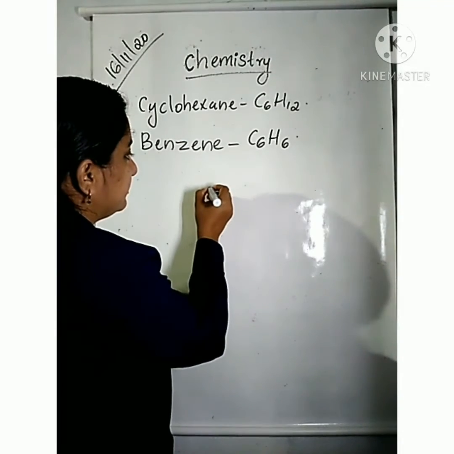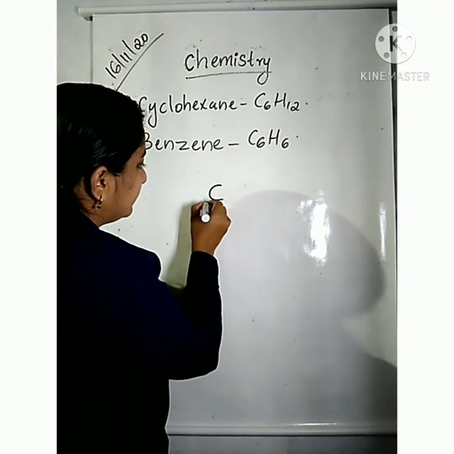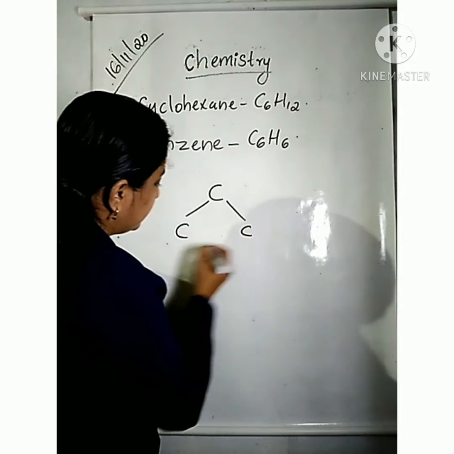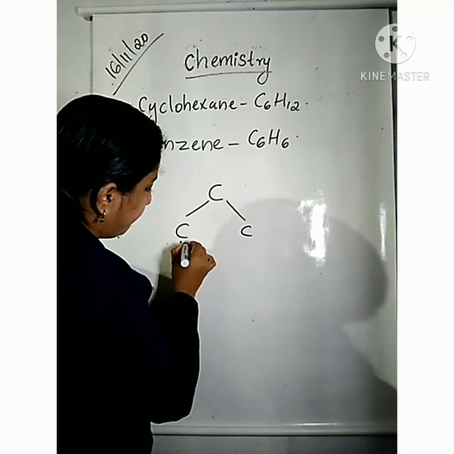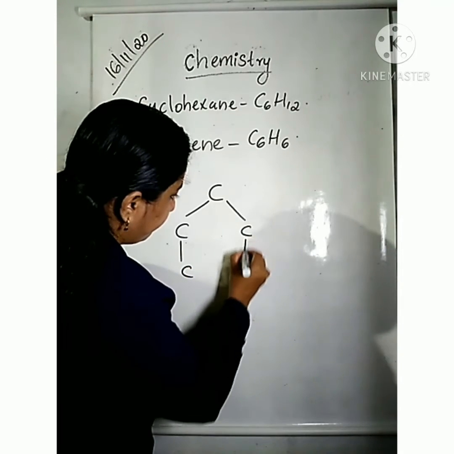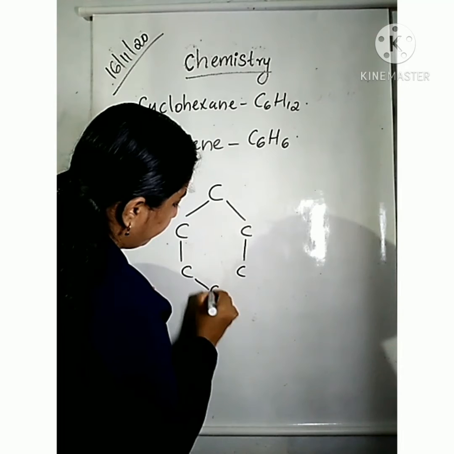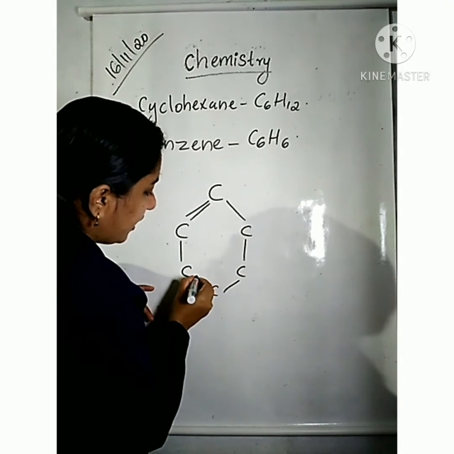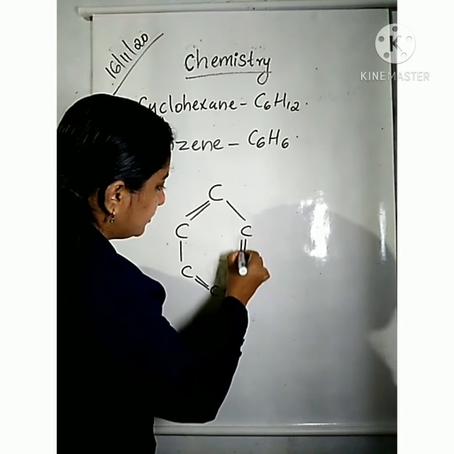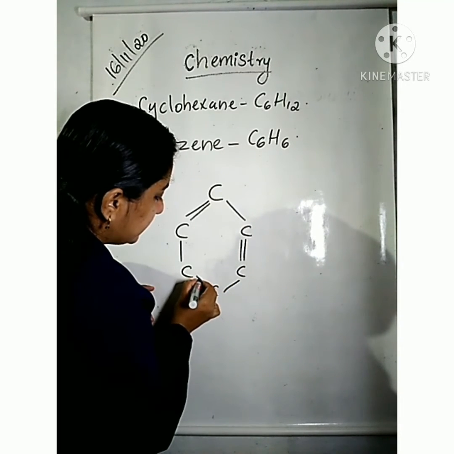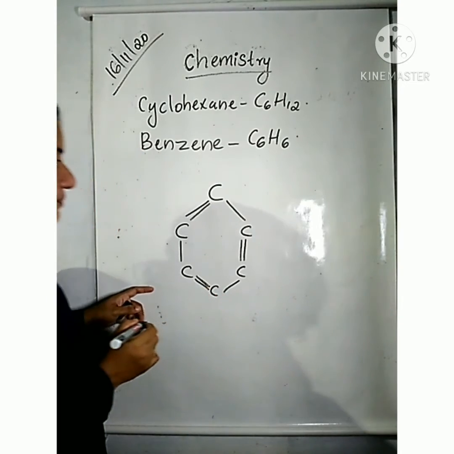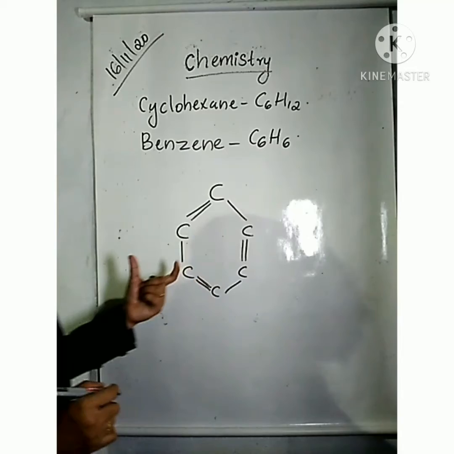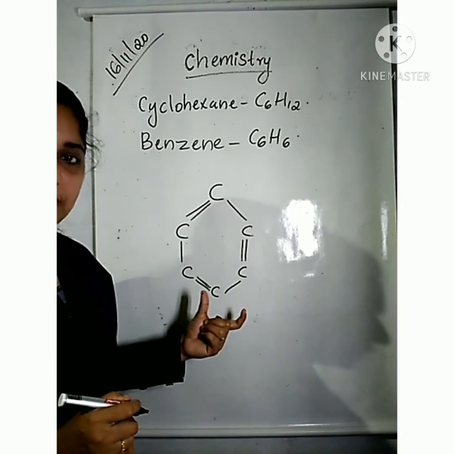So, this is the ring structure of benzene, an unsaturated carbon compound. So, its skeletal structure will become like this. Okay, this is the skeletal structure of benzene.